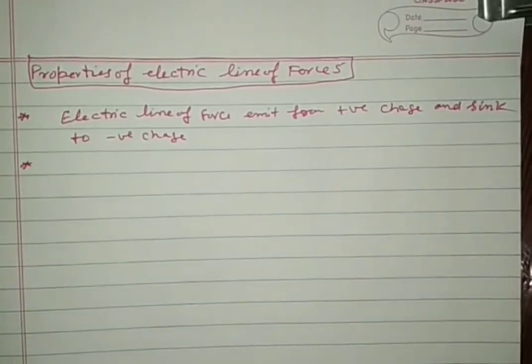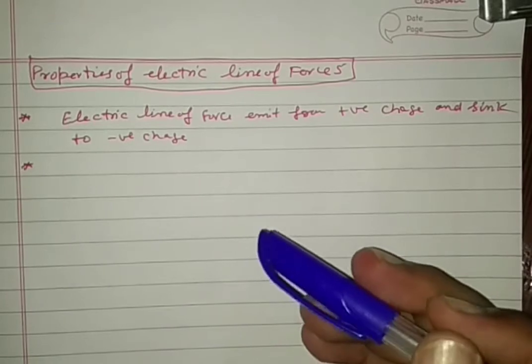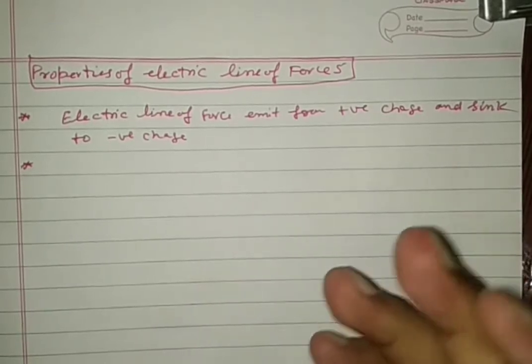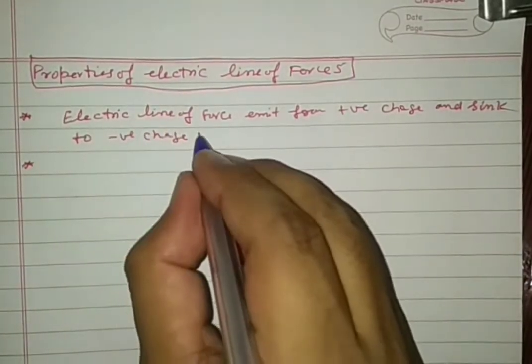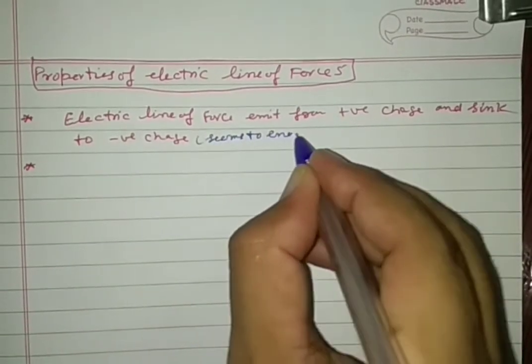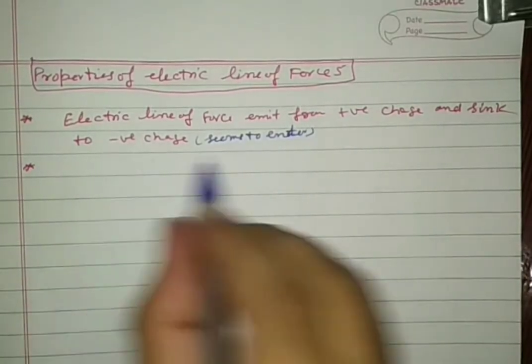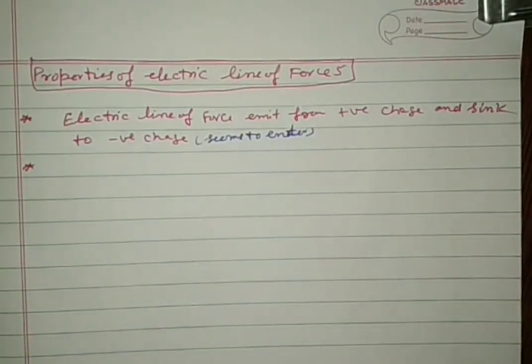See very carefully, the explanation gives that electric line of force emits from positive charge and sinks into negative charge, or seems to enter a negative charge. Is it clear?